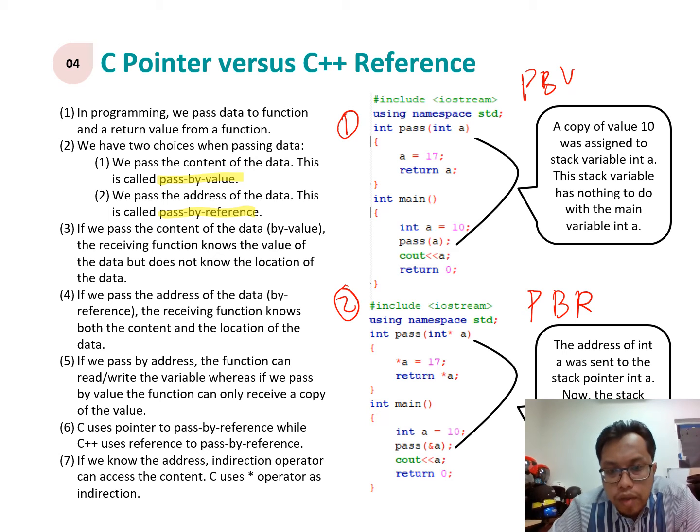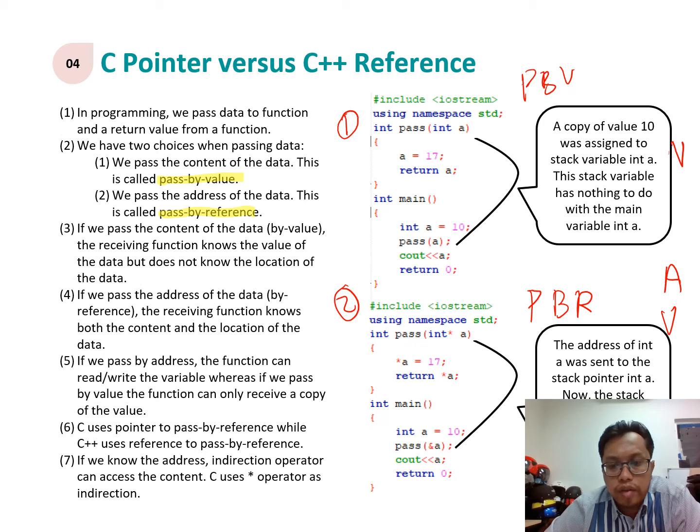But if we use pass by reference, it knows both the value and also the address. Now you have some idea about the advantages and also disadvantages between pass by value and pass by reference. This one is only value, this one is address and value.